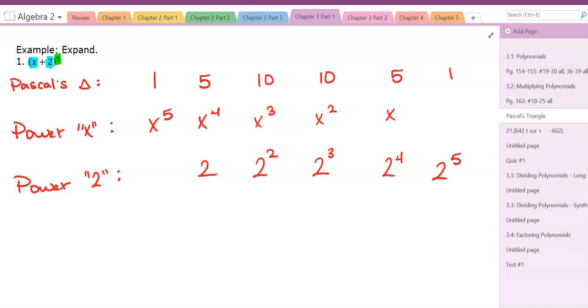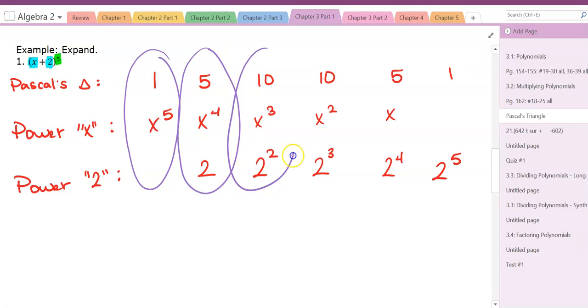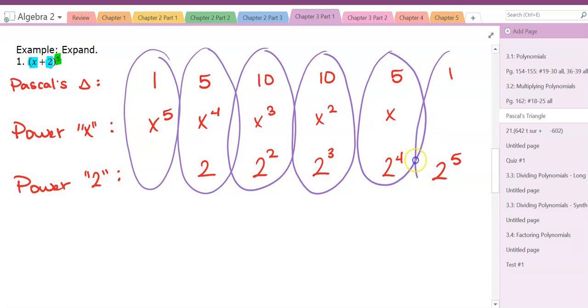Okay, so what I do here then is I circle the columns. After I've circled them, I have to multiply the pieces that are in the column to get my final term, because I'm trying to simplify it here.